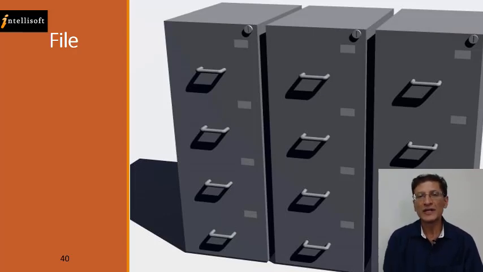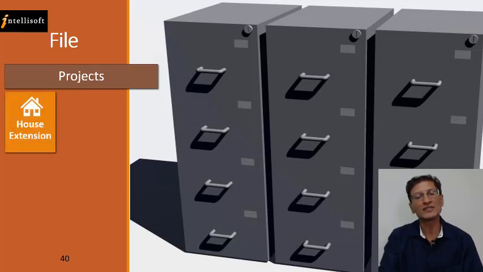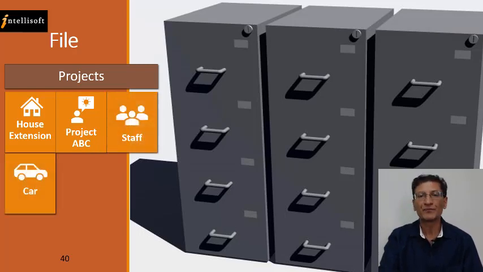Just like the document management system, we are going to create an alphabetical filing system for all our projects. All the projects will go into a single projects folder, under which we can file our house extension project, our ABC project, the staff related emails, anything related to insurance for your car or any other things.